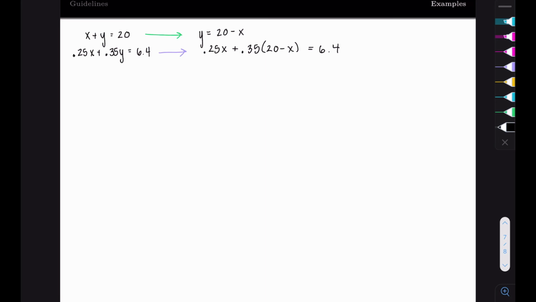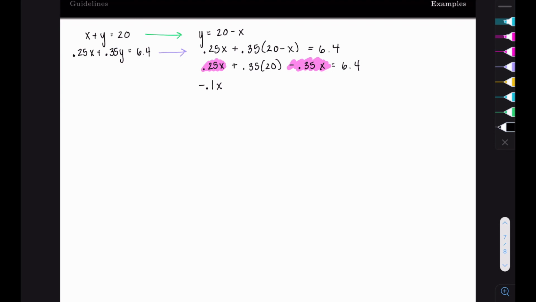So from here, we've got a single variable equation that we can go ahead and solve. We need to do 0.35 times 20, and then combining those, that's minus 0.35x equals 6.4. So we'll go ahead and combine our like terms. We've got 0.25x minus 0.35x. That leaves us with negative 0.1x.